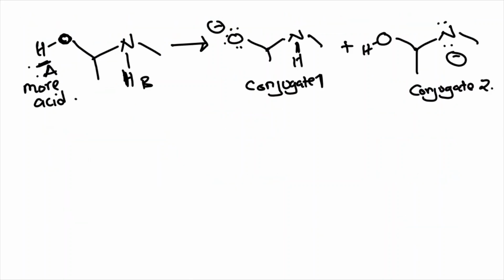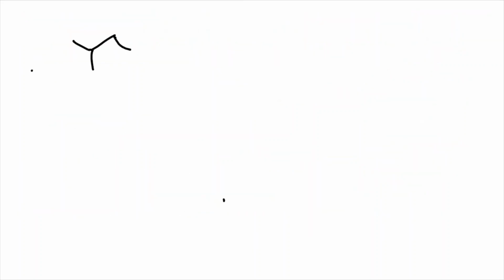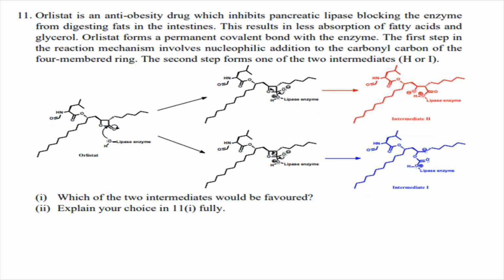Okay, let's move on and go to question 11. So question 11 says Orlistat is an anti-obesity drug which inhibits pancreatic lipase. Pancreatic lipase is simply an enzyme that is produced from the pancreas that digests fats.